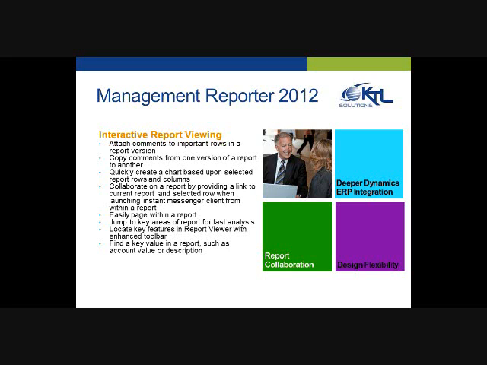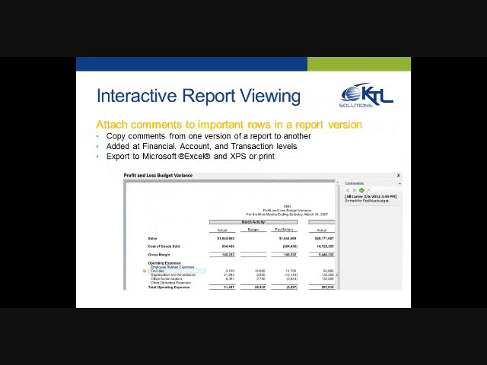The first thing we're going to get a little more into is attaching comments to important rows in a report version. You'll see on my report, over here on this facilities line, a little notebook. Anybody who uses GP or Solomon is familiar with those little note tabs on your customer maintenance or vendor maintenance cards, used to put notes on cards inside your Great Plains.